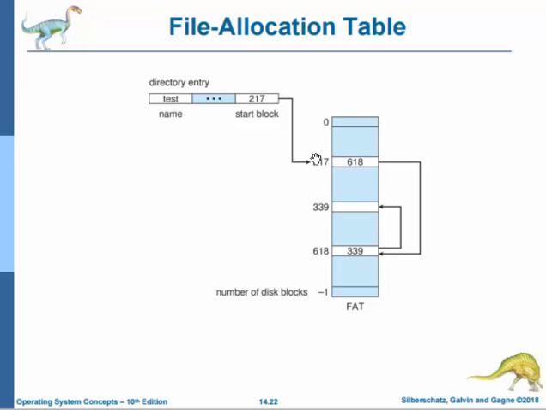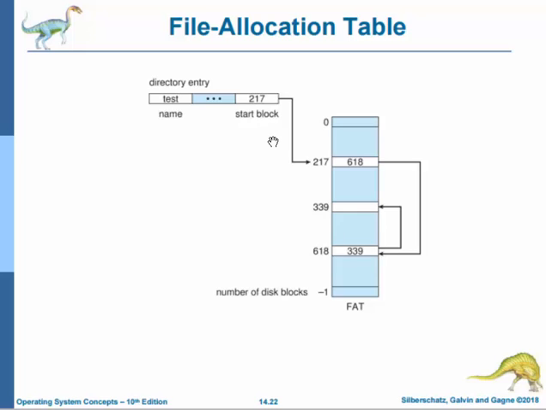An important variation on link allocation is the use of the file allocation table, or the FAT, and this simple but efficient method of disk space allocation was used by the MS-DOS operating system, wherein a section of storage at the beginning of each volume is set aside to contain the table, and the table has one entry for each block and is indexed by a block number.